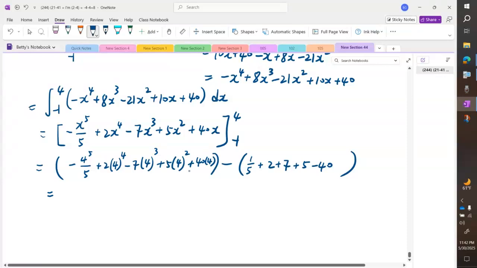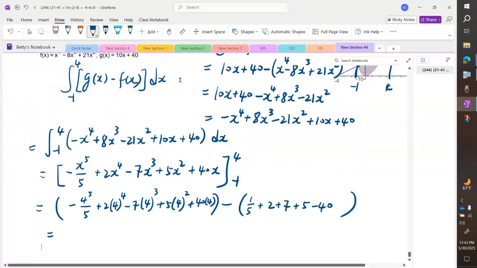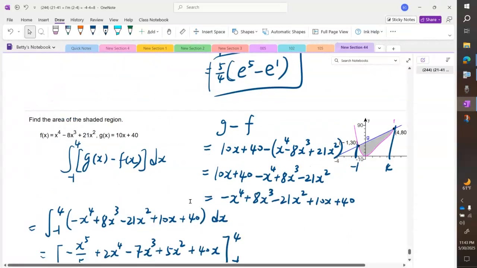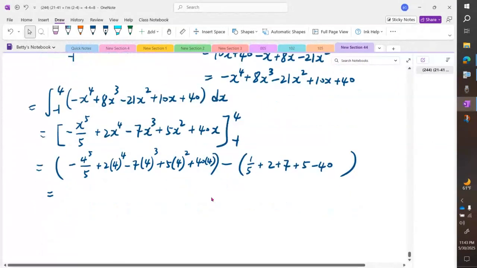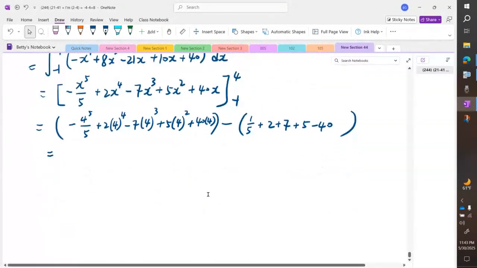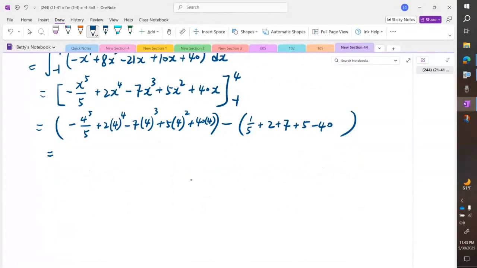This is going to be a very complicated number. I don't think we have a shortcut for this problem. We would have to do this. Okay, so I can use the calculator to help me.